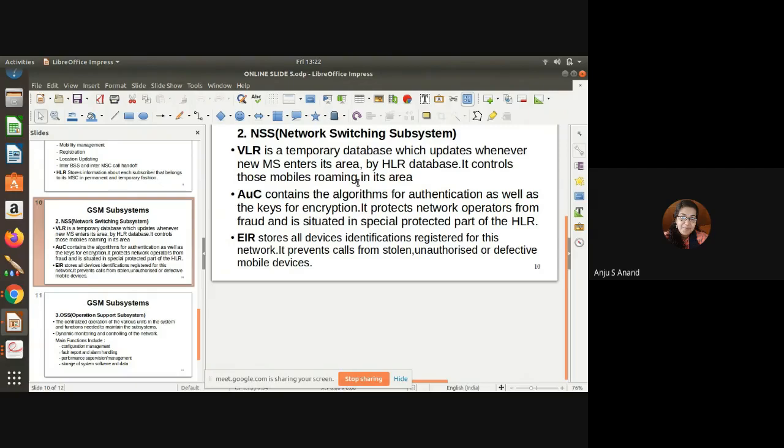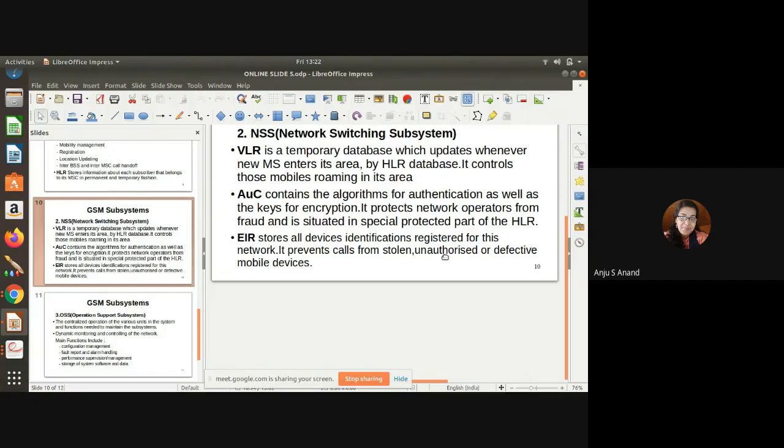It's a temporary database, functioning for roaming service. Next, the AUC, Authentication Center. It is built for protection. It protects network operators from fraud or other attacks, and it is placed in a specially protected part of the home location register.